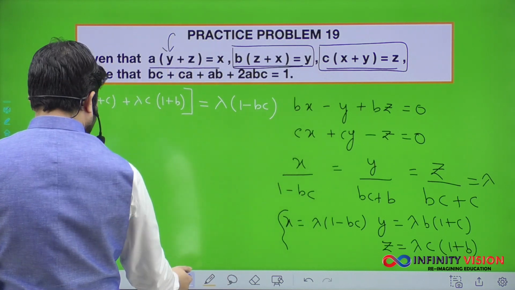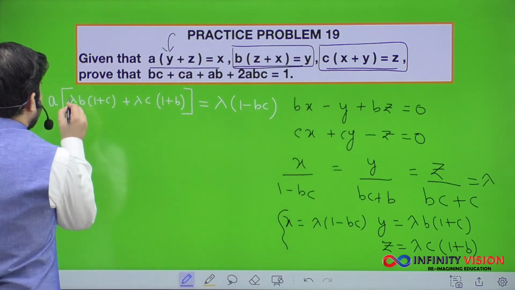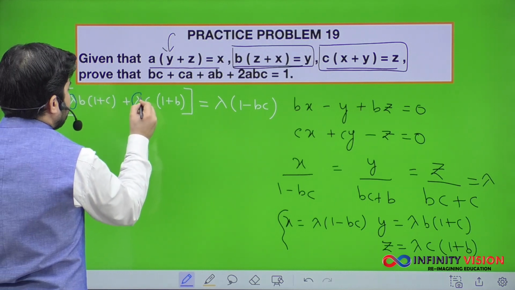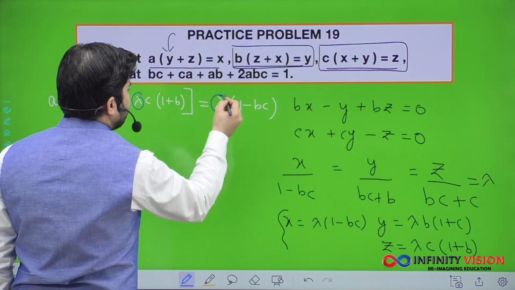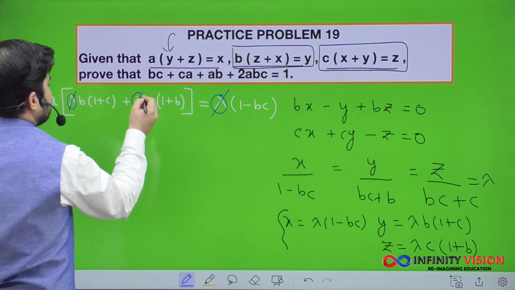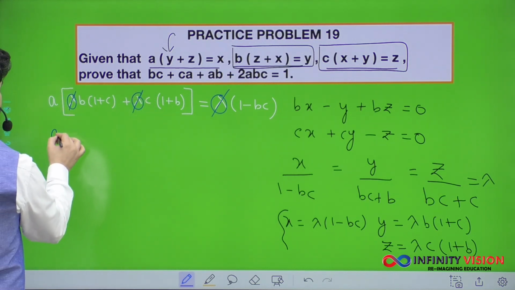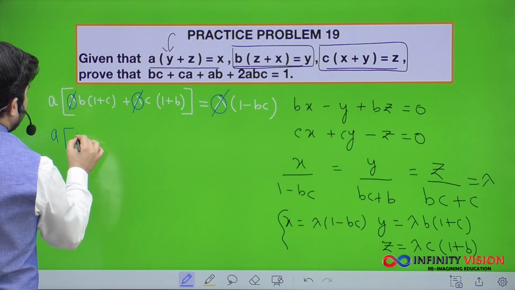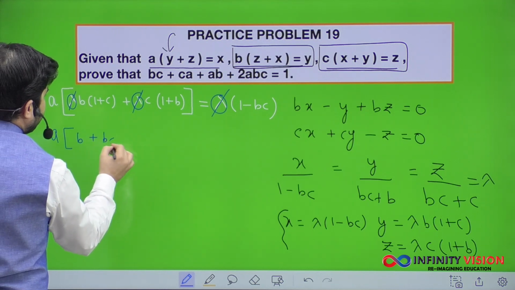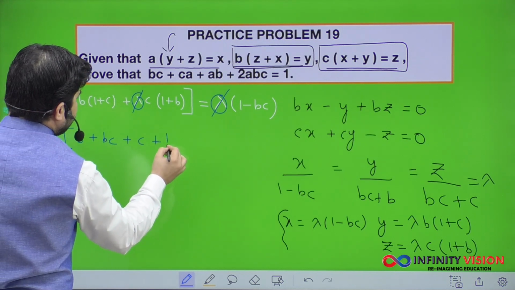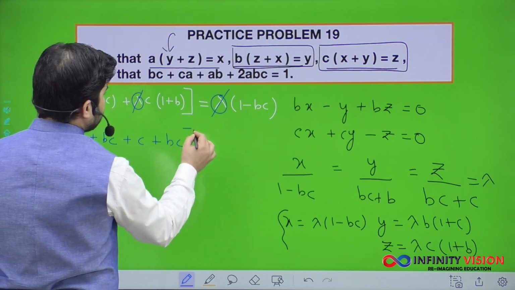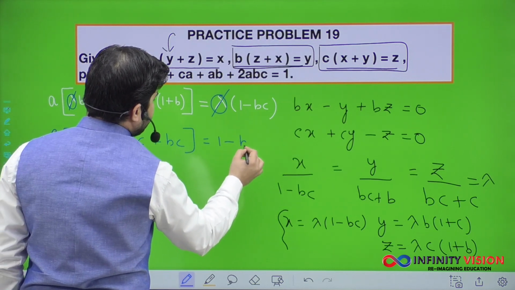Now lambda and lambda would come out and this lambda would cancel this, so I can simply cancel these lambda and say a into b plus bc, c plus bc is equal to 1 minus bc.